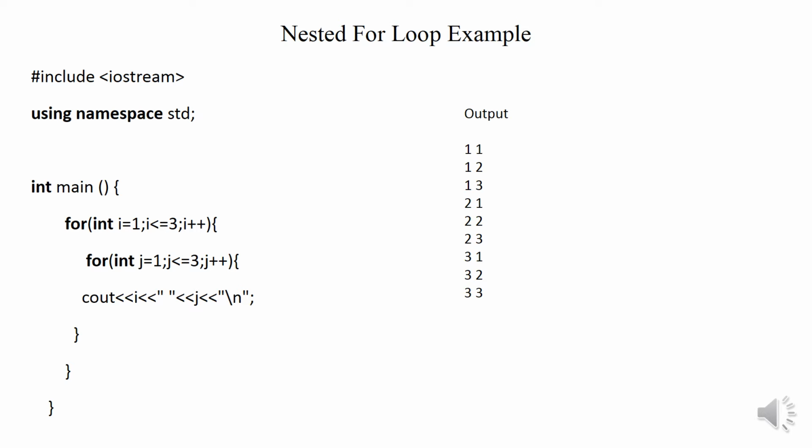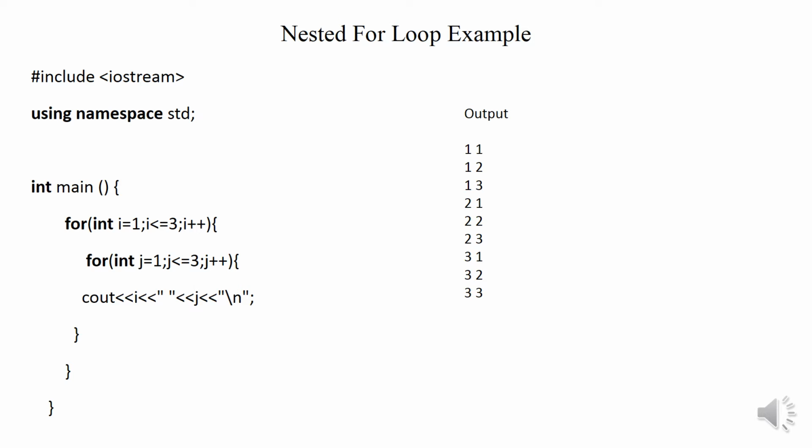For the next iteration, the compiler is already in the inner for loop, so it increments the value of j. So we print here 1 and 2. Likewise 1, 3. And after j tests the condition, it goes to the outer for loop.